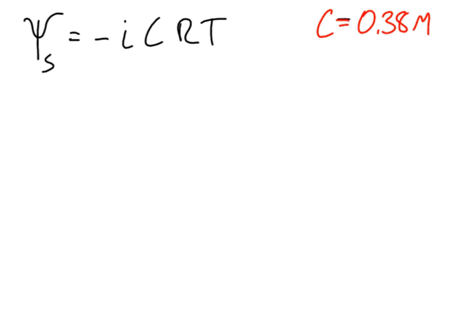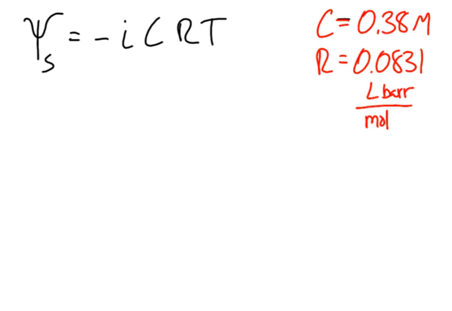Okay, R is equal to 0.0831. Now the unit here is very similar to the unit for the gas constant, because it still is the gas constant, but instead of liter atmosphere per mole Kelvin, like we learned in chemistry, it's liter bar per mole Kelvin. Okay, and actually I think there's only one R in bar.